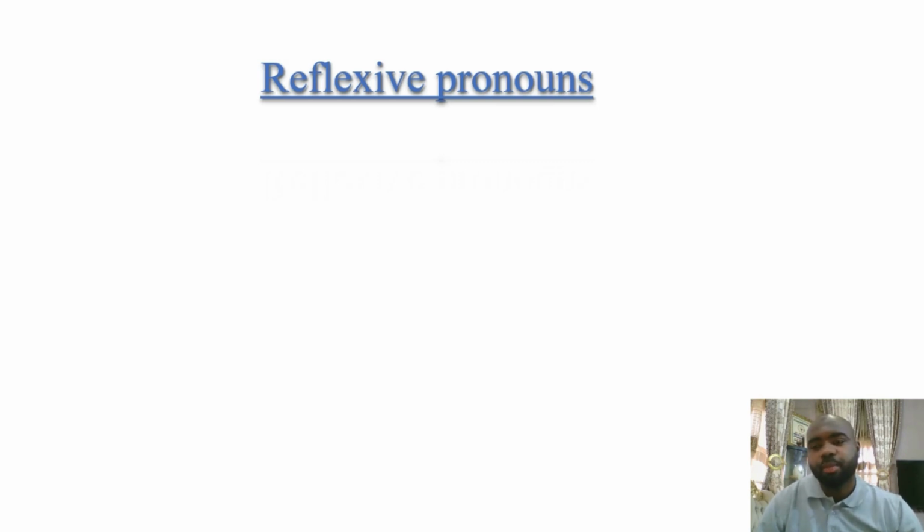Reflexive pronouns. So now, what are reflexive pronouns? From the name reflexive, we'll come to realize that it's talking about showing relationship. It's taking you back to where you come from. It's making a reference from one to something that comes before it.